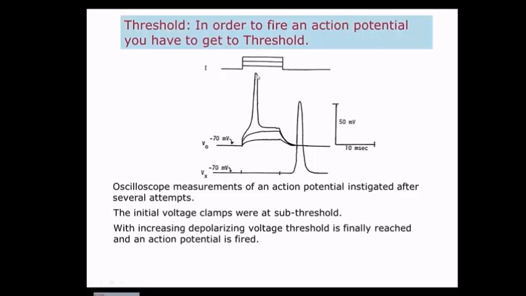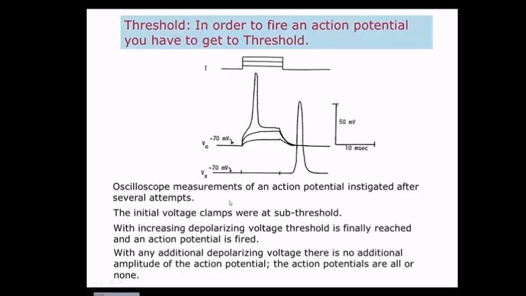You're going to get this height of the action potential. That's the intensity. And it's not going to get any higher than that. So that's what we mean by an all or none action potential. So, as mentioned down here, with any additional depolarization, there is no additional amplitude of the action potential. The action potentials are all or none.